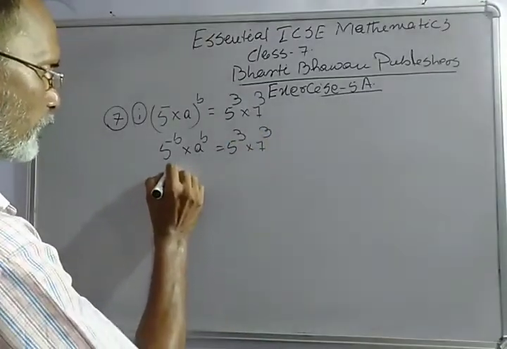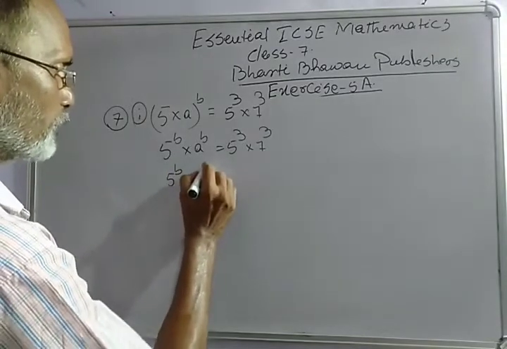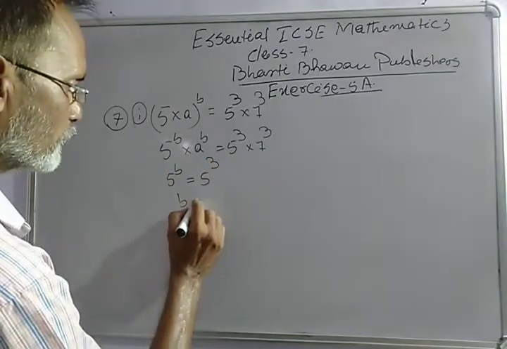So 5 to the power b is equal to 5 to the power 3. So b is equal to 3.